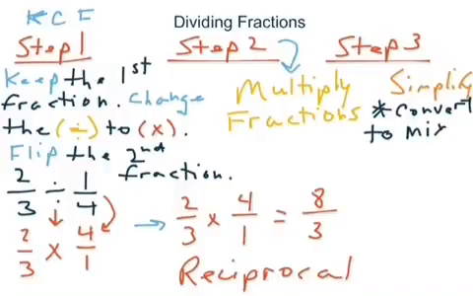So we either simplify this or we convert to a mixed number. 8/3 we can turn into a mixed number. It's an improper fraction, so I've got more on top in the numerator than I have in the denominator.